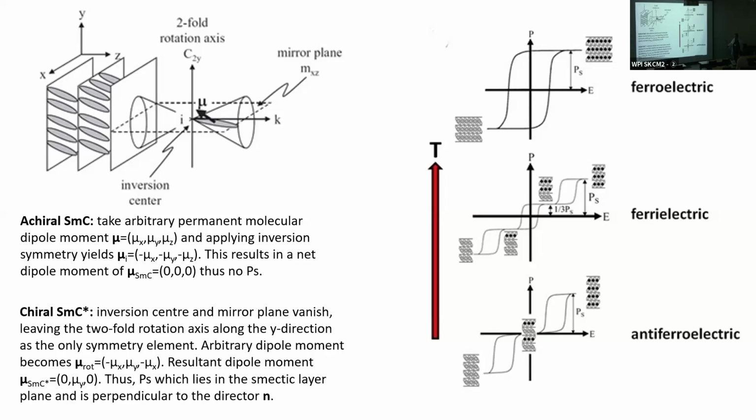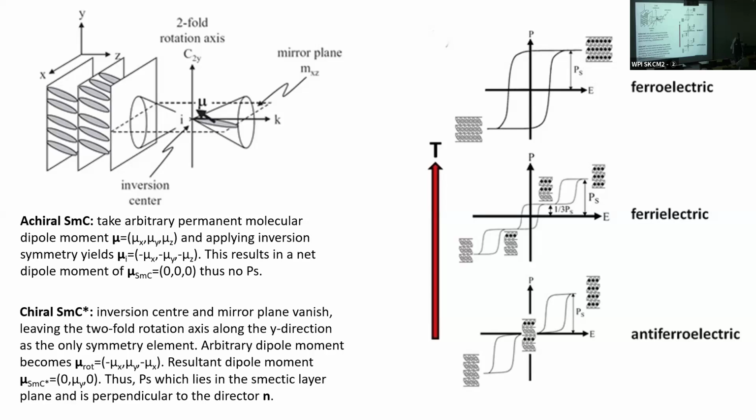The two terms in X and Z are 0, and the one in Y remains. So that basically means that your polarization will always be in the plane of the smectic layer. So this is basically the symmetry argument of Bob Meyer. And then they made the molecules, and hooray, they have ferroelectric liquid crystals.